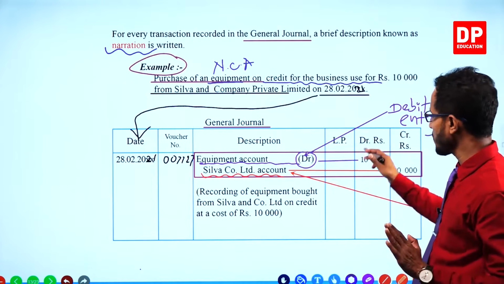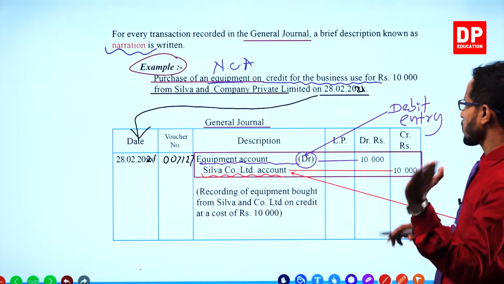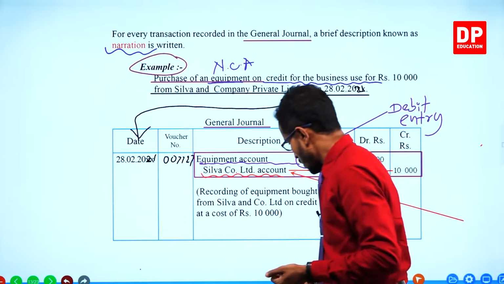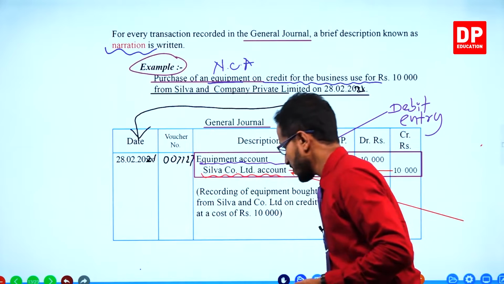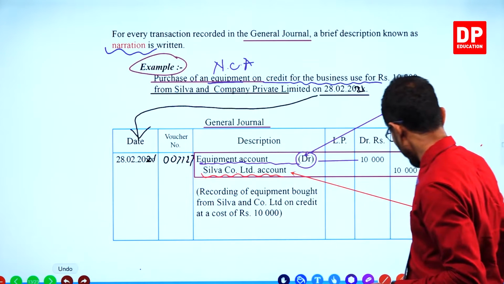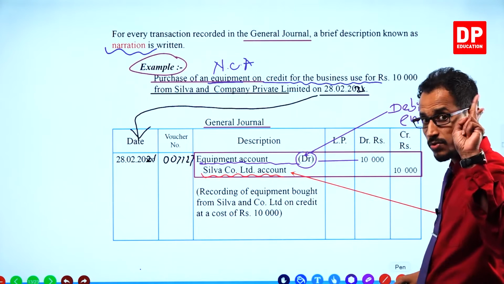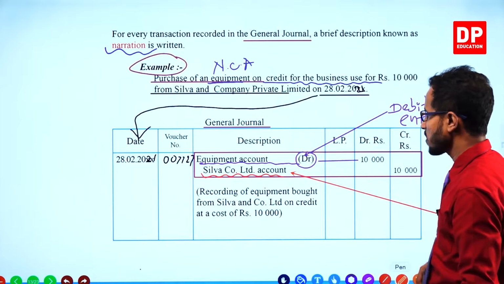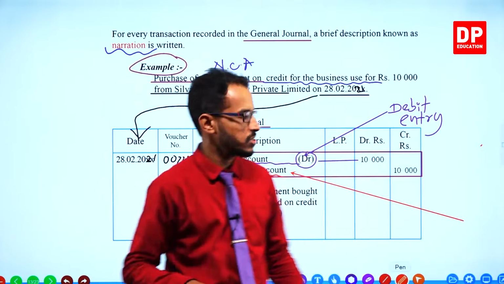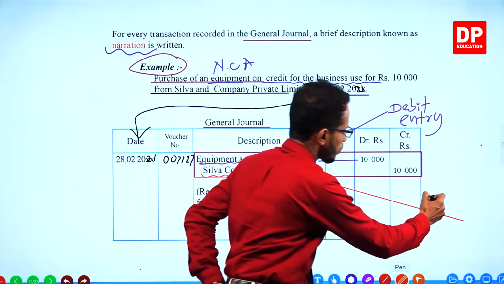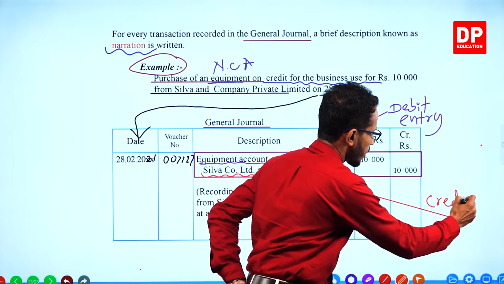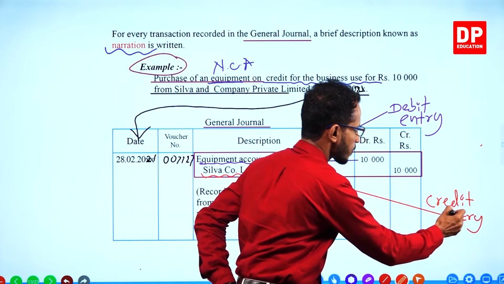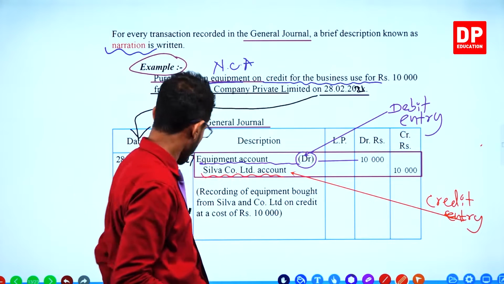The same amount should be debited, the same amount should be credited. Debit and credit, okay? Right, so that is the recording of double entries in the general journal. This is the credit entry, children. I'll move to this side for better viewing, and this is the credit entry.